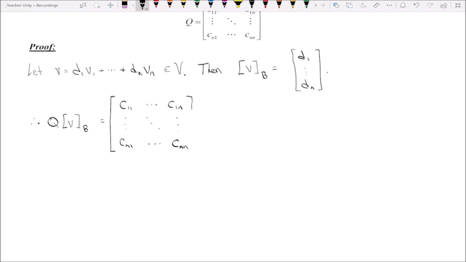So there's our matrix Q multiplied by our coordinate vector.